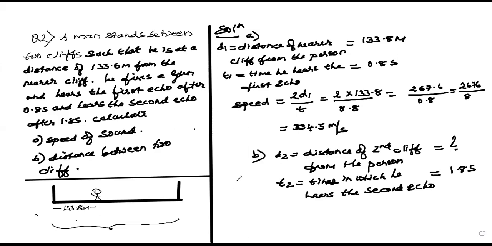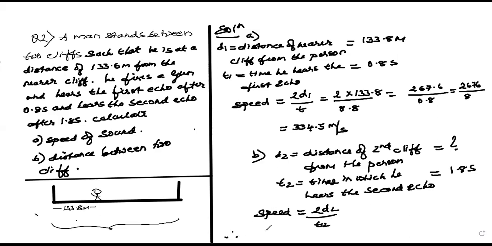Okay, therefore I want the distance. Speed is 2D2 upon T2. Therefore, how much will it become, children?